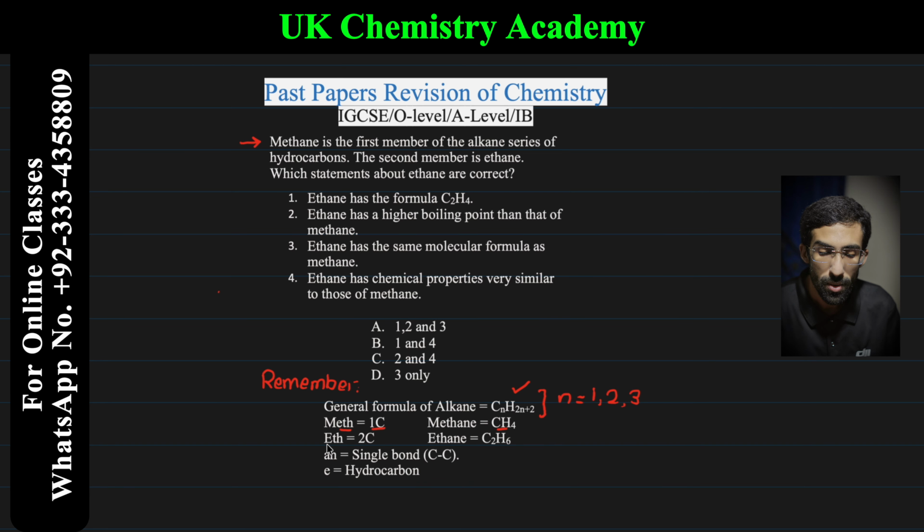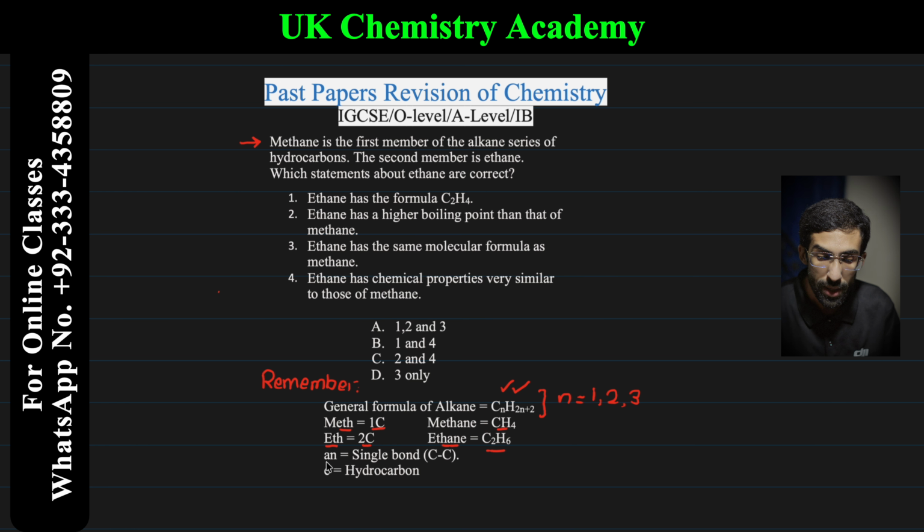The word eth in ethane shows that it consists of two carbons. So put the value of n in this formula. The molecular formula of ethane comes out to be C2H6.